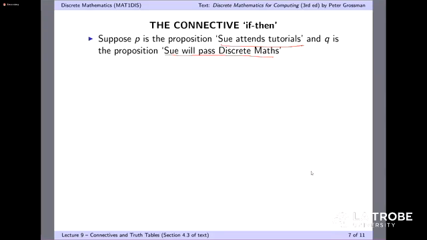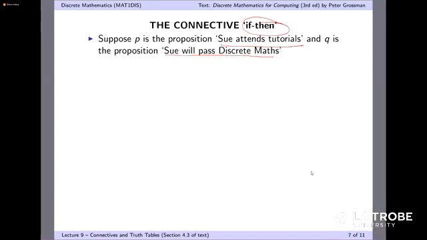So how would you connect them? What would be the compound proposition? Michael, what's the compound proposition? We've got two atomic propositions. We want to combine them by this connective, if-then, the forward arrow.